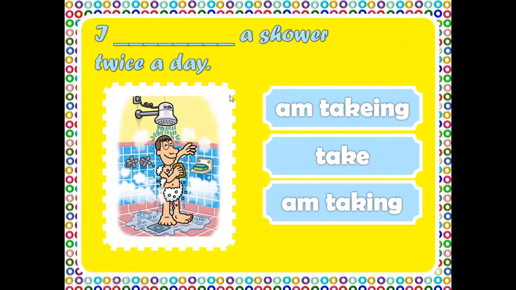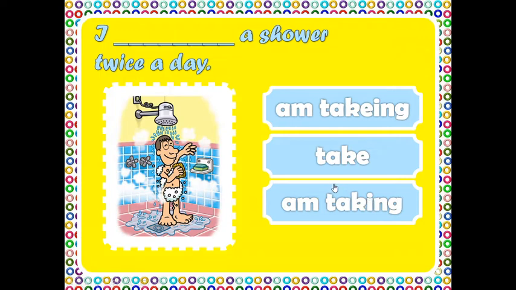So, let's try: I am taking a shower twice a day. Is this right? Remember that when we are talking about the present progressive, we need to have the verb in ing. If the verb ends in e, we need to remove the e and add ing.